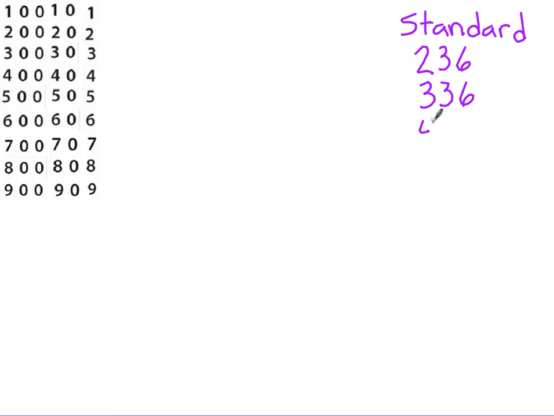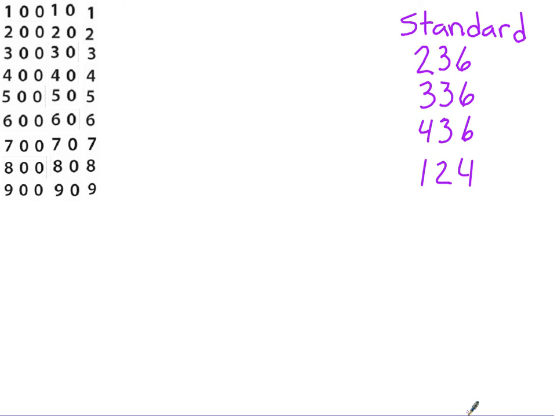So if we then move to the next place, we talked about standard form, and that's the way that you and I are used to seeing our numbers: 236, 336, 436, 124.